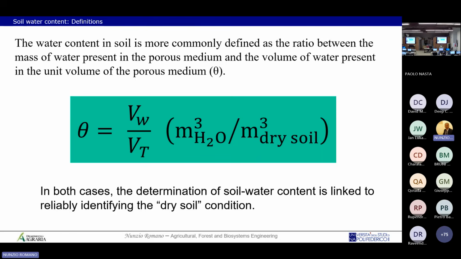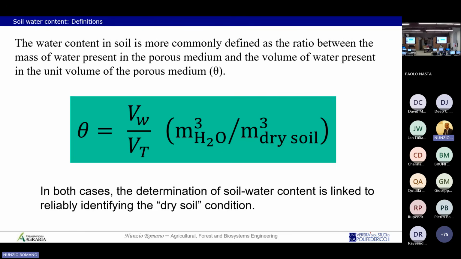Usually in practical situations, we use the cubic centimeter of water on cubic centimeter of soil. What is important is to have, of course, consistent units. So if you use centimeter, use centimeter. If you use meter, use meter. But the units should be consistent in your computations.